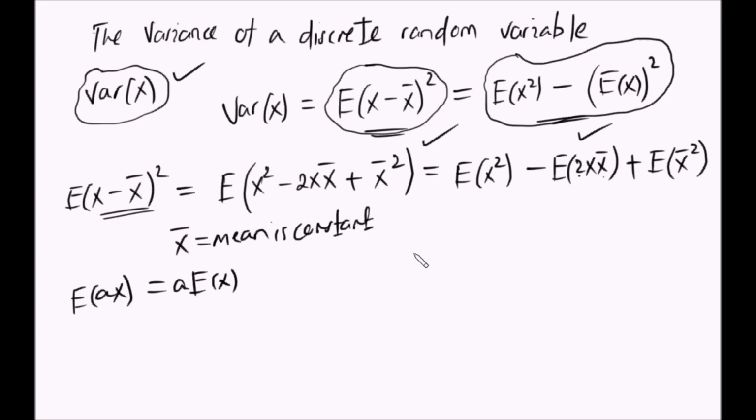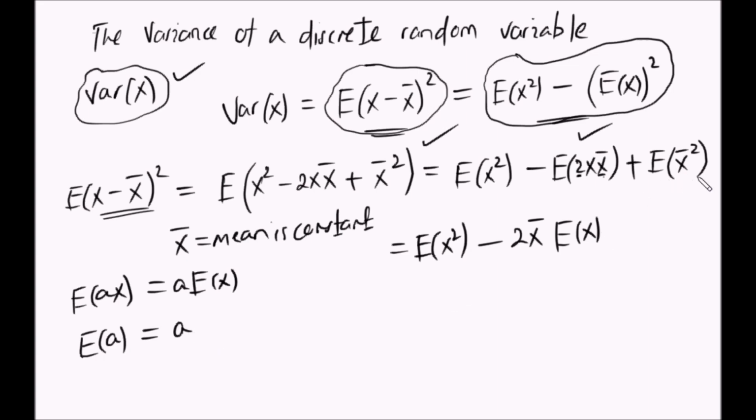Kwa hiyo hapa sasa itakuwa ni huyu wa kwanza sawa, anabaki hivyo hivyo, lakini huyu itabidi tuatoe constant 2 na x bar ni constant. Kwa hiyo ndani tunabaki na hivi. Similarly, in the previous tutorial tulisoma kwamba a is constant ni sasa na a, si ndio? So x bar square pia ni constant. Constant, the square of a constant is constant. So x bar square is what? Is constant.